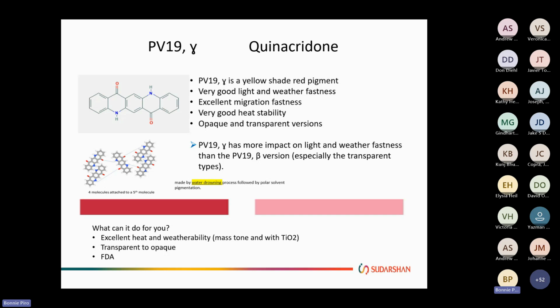That gives it that gamma crystal designation. These are definitely very good reds to incorporate into your color formulating toolbox, and they are very good from a weatherability perspective, not impacted by TiO2, so overall very good.